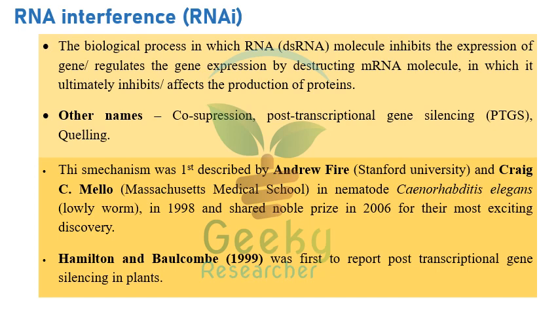By using a double stranded RNA molecule we can inhibit the expression of genes, which automatically regulates the production of proteins. This entire RNA interference mechanism relies on transcription and translation, so first we need to know what transcription and translation are.